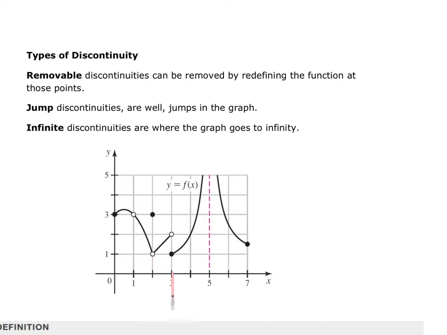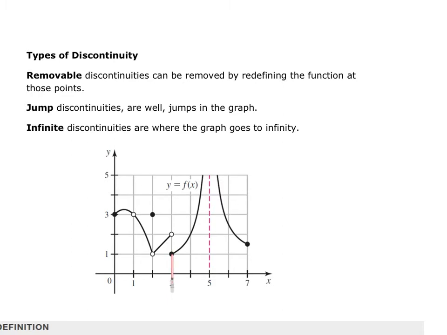At 3, we fail because the limit does not exist, because this is a jump discontinuity. You pick up your pencil and you have to jump to the next piece. So this is a jump discontinuity because you're physically jumping in the graph. The condition that fails at 3 is that f of 3 is defined, but the limit does not exist.